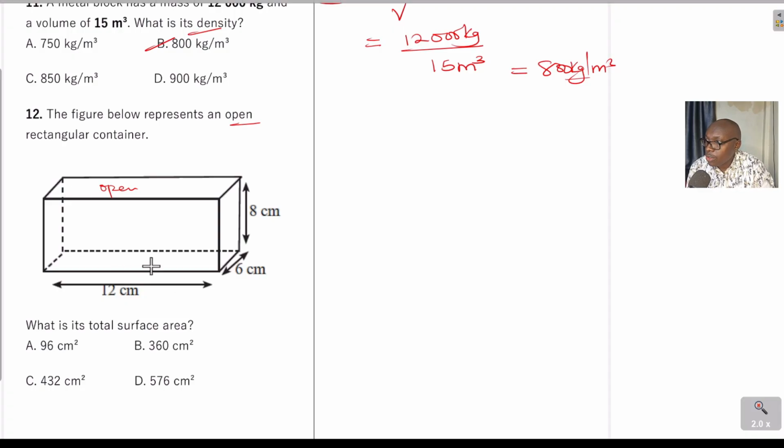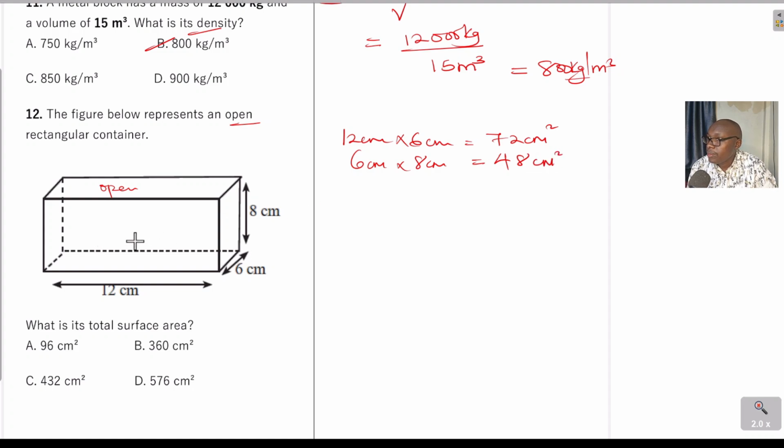So we start with the bottom. The area of the bottom surface is rectangular. So the bottom will give 12 centimeters times 6 centimeters. That will give 72 centimeters squared. Then the side measures 6 by 8. So 6 centimeters by 8 centimeters. So that will give 48 centimeters squared.